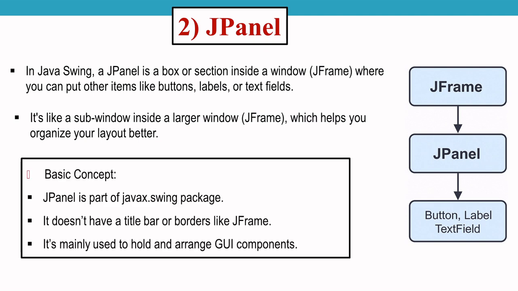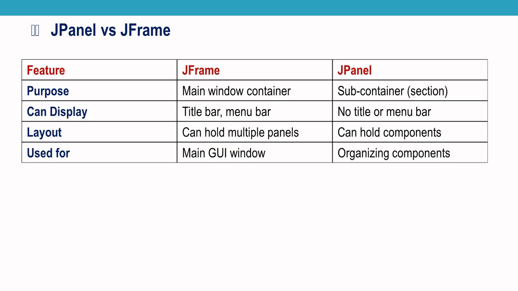Here we discuss basic concepts: JPanel is a part of the javax.swing package. It does not have a title bar or border like JFrame, and it is mainly used to hold and arrange GUI components.